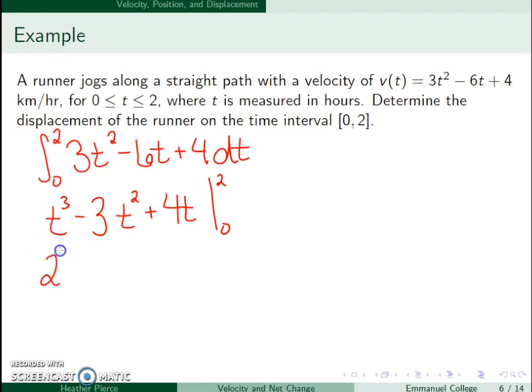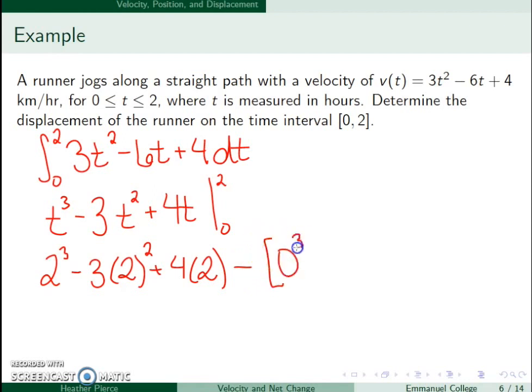So this is 2 cubed minus 3 times 2 squared plus 4 times 2 minus 0 cubed minus 3 times 0 squared plus 4 times 0.